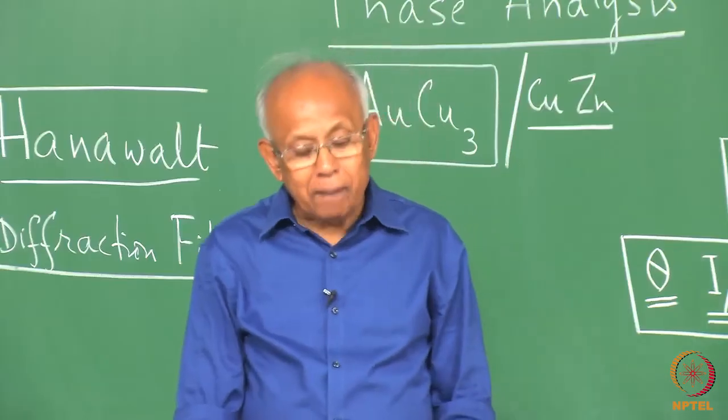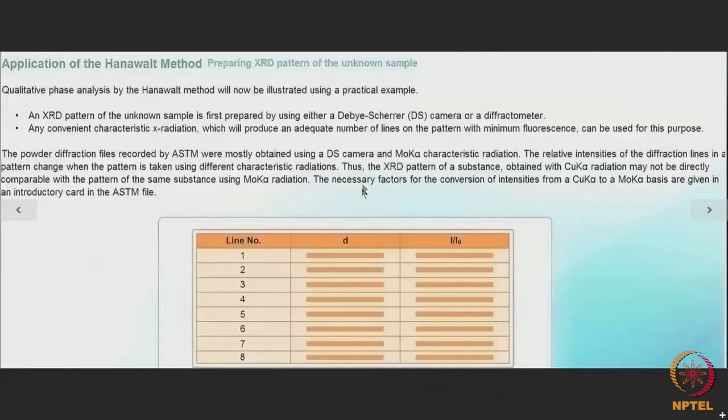Now, once a pattern is obtained, the D values of all the lines present in the pattern are tabulated in this manner along with the relative intensity of each and every line.